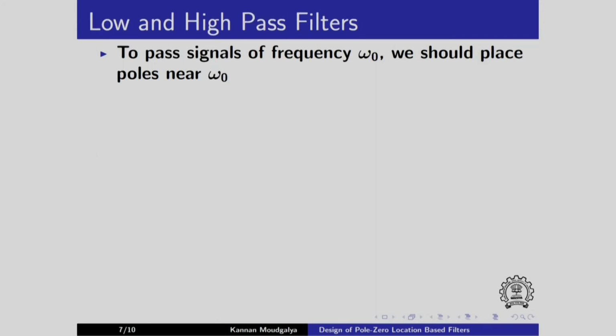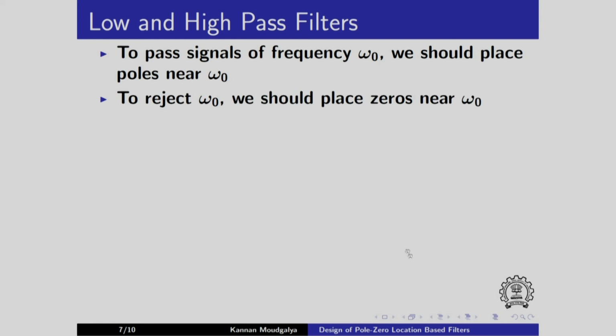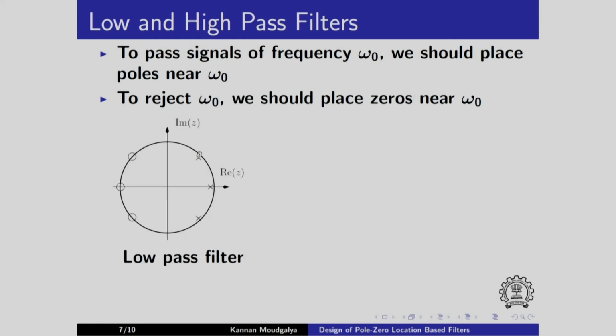Let us repeat what we saw earlier, where to place poles and zeros. If you want to magnify or pass through the low frequency information, you place poles there. So it becomes a low pass filter. Similarly, to reject high frequency components, put zeros there. So a low pass filter has zeros at the high frequency locations.